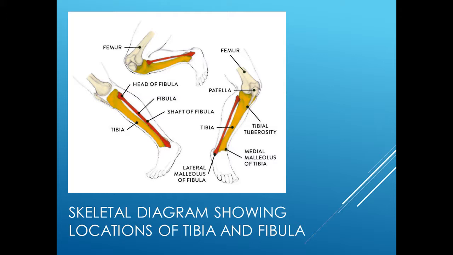Here we're looking almost from maybe a 3/4 view. It's not straight on. The leg is bent just a little bit, but we can see that the fibula is over here on the left side. Over here, as we're actually looking from a lateral view, it's now on the right side or kind of behind it. And then here as well, we can see it's kind of up there and behind it a little bit.